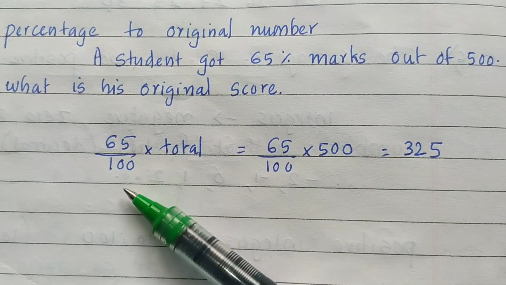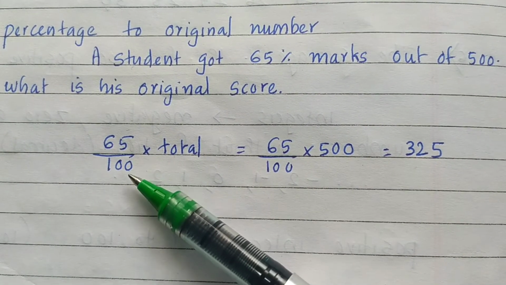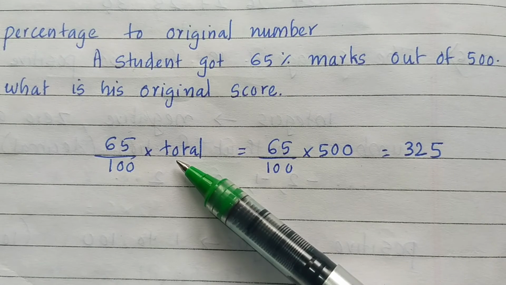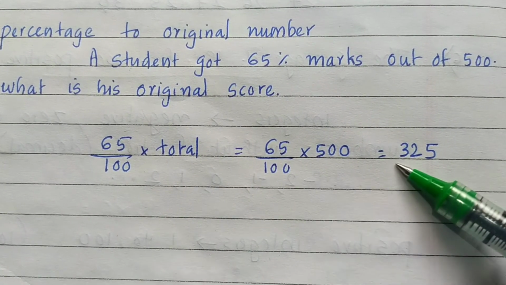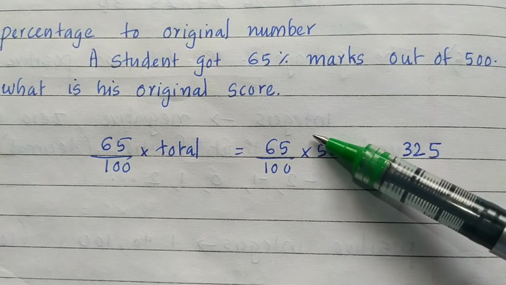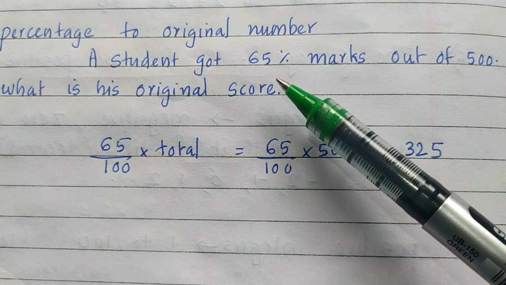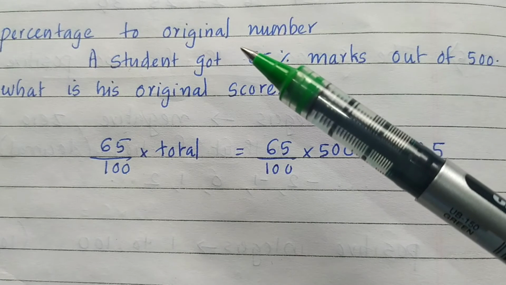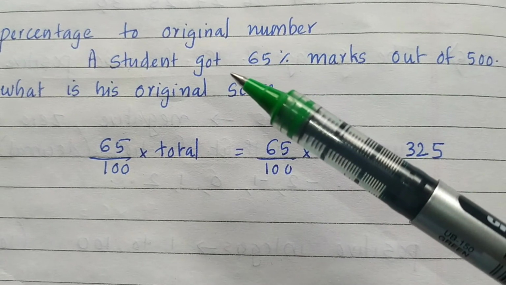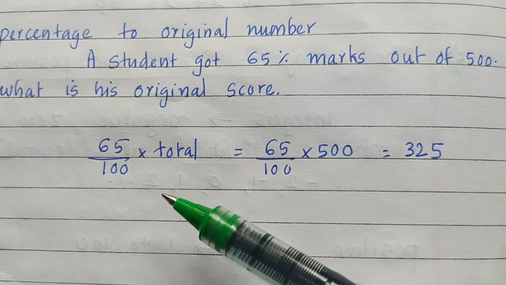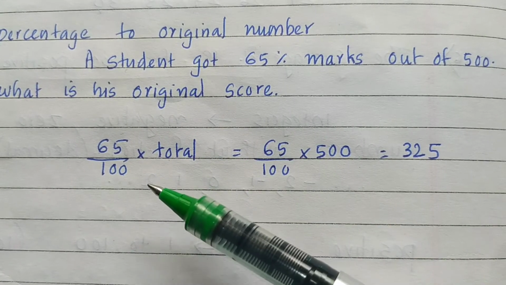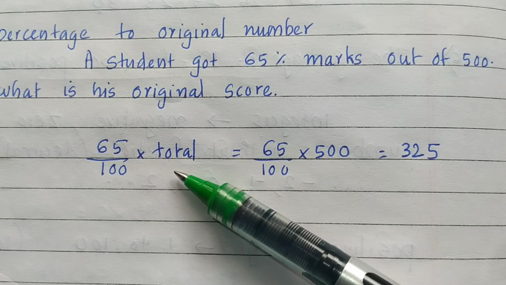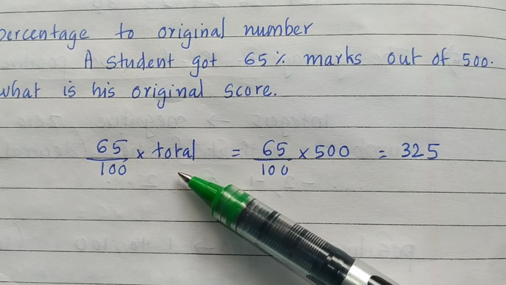So 65 per 100. 65 divided by 100 into total, which is 65 by 100 into 500, which is equal to 325. To convert a number into percentage, what do we have to do? We have to multiply it with 100 and divide it by the total number. To convert percentage into the original number, we have to divide it by 100 and multiply with the total number.